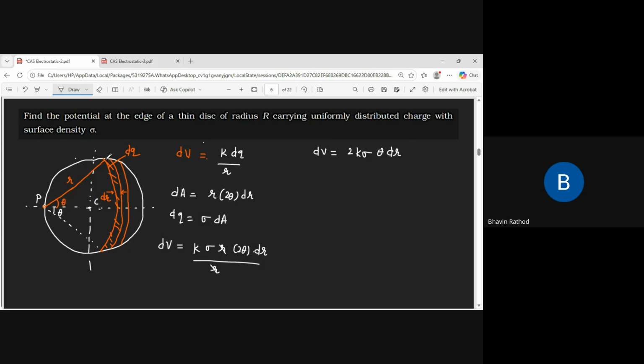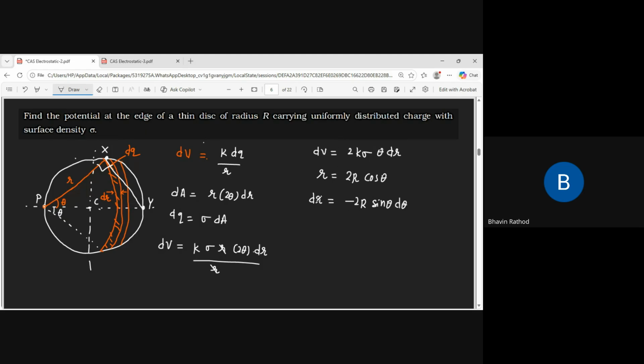If I consider this point as point X and this point as point Y here, then PY is clearly a diameter, and if I join points X and Y, this angle is going to be 90 degrees. So PXY is a right angle triangle, and we can say that small r is equal to 2R, which is the diameter, into cos theta. From this, I can say that dr will be equal to minus 2R sine theta d theta.